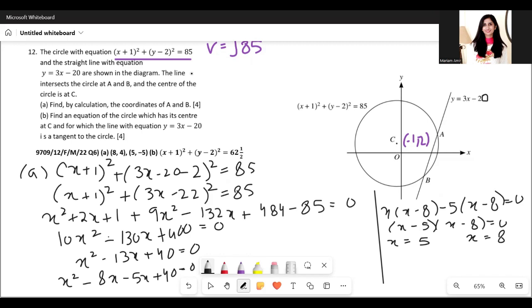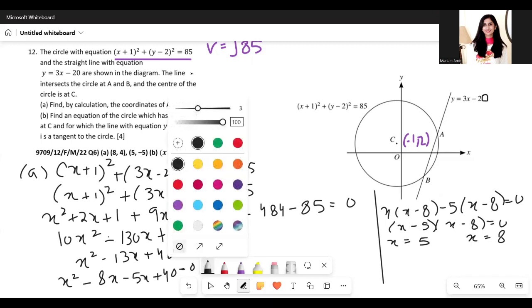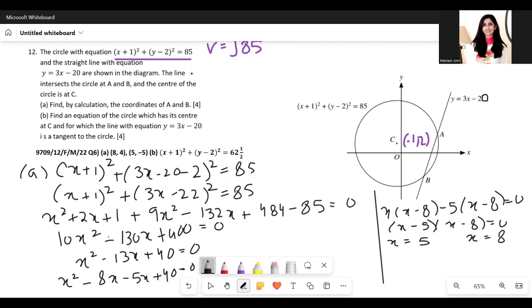We need the full coordinates. That means we need y as well. So for y, just substitute the x you got in this equation. For the first one, it's going to be y equals 3 times 5 minus 20, and that will give you minus 5.